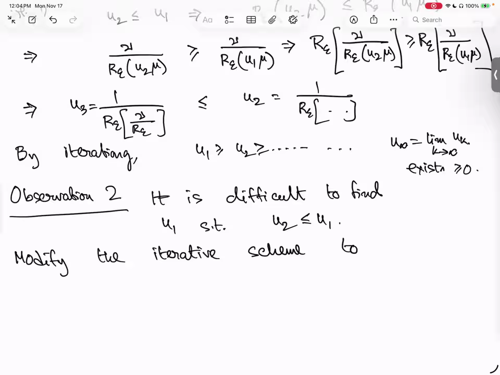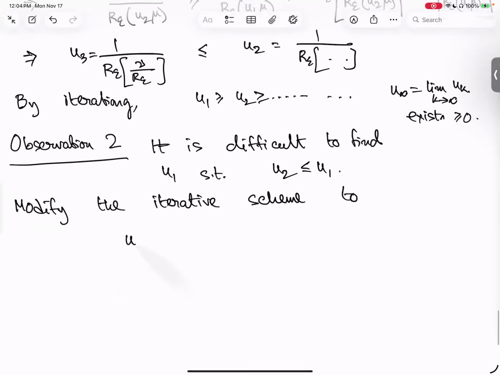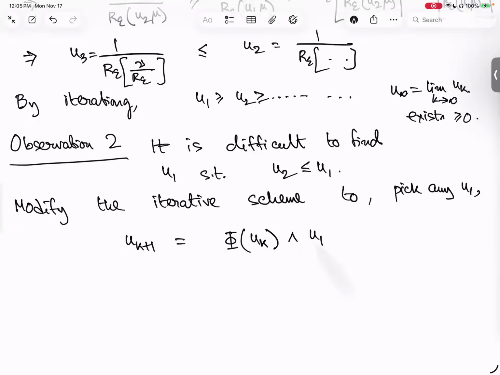One second. So the modification that we will do is that we are going to look at UK plus 1. So modify scheme 2: pick any U1, and then define UK plus 1 to be the minimum of the two, which is phi of UK and U1.